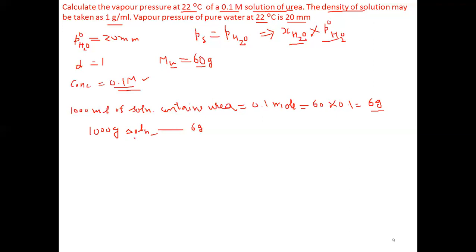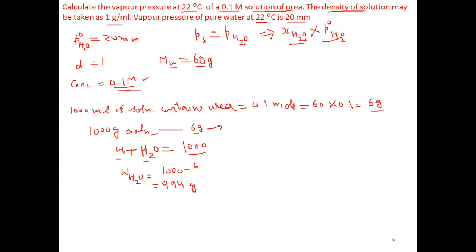Now a solution is made from urea plus water, so we need the weight of water. The weight of urea plus the weight of water is equal to 1000 gram, out of which the weight of urea is 6 gram. So the weight of water is 1000 minus 6, which is 994 gram.